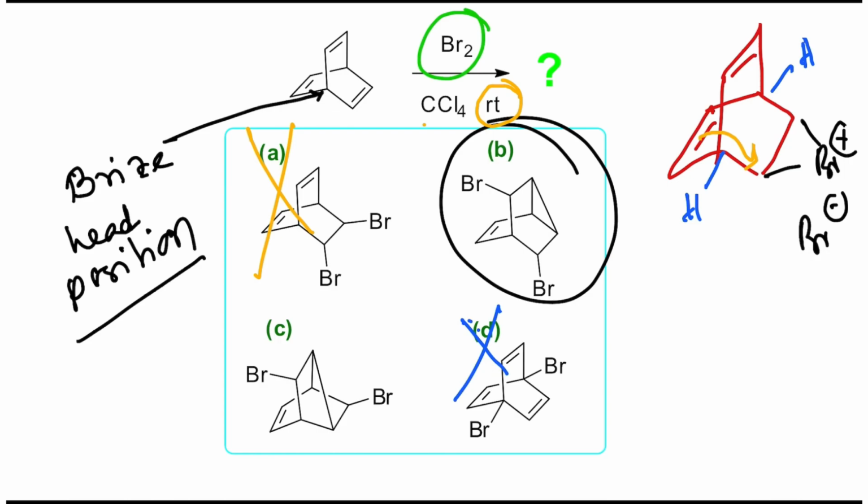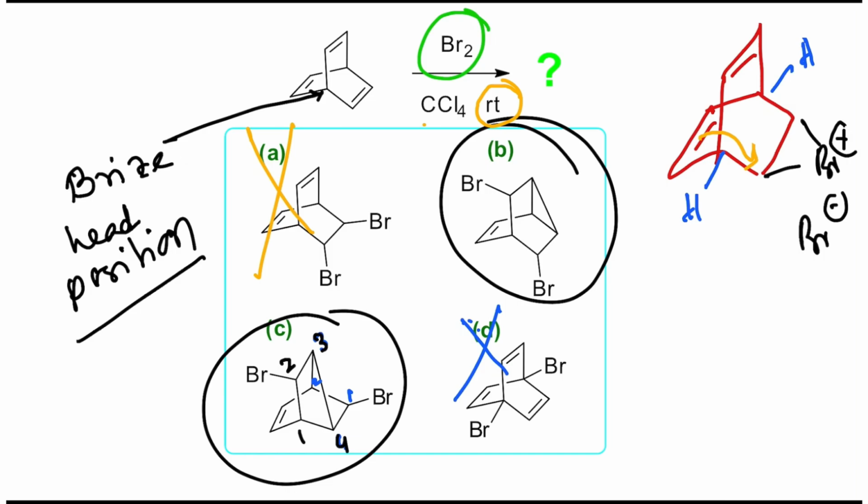Now here the question is, sir, which one will be the product, B versus D? For that purpose you need to look at the ring: 1, 2, 3, 4. Again 1, 2, 3, 4. So it's actually two 4-member rings in this case, but here one is 3-member and another is obviously 5-member.